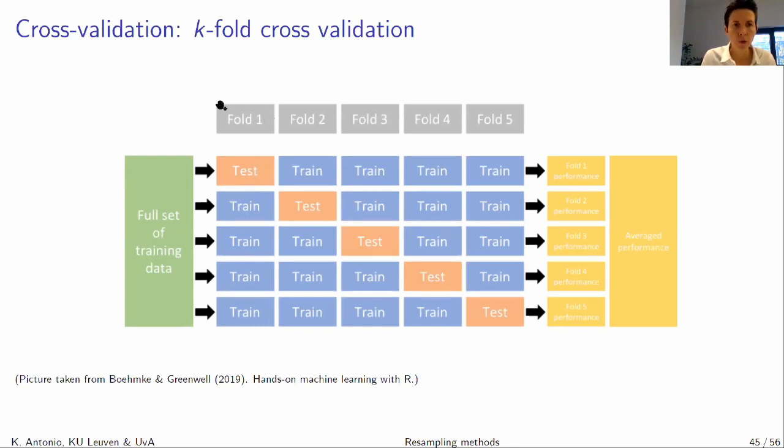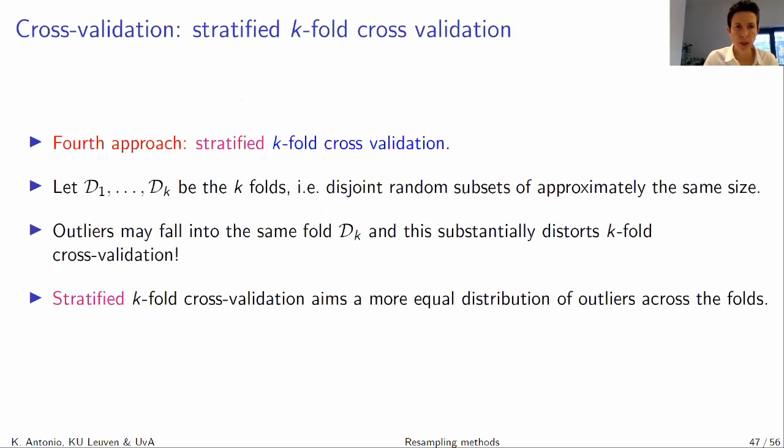So here, fold 1 refers to organizing the data like this, and these 5 blocks refer to the 5 subgroups that I made out of my original available training data. So sometimes it's a bit confusing what others really mean with the fold. Is it one of these blocks, or is it the way I put the blocks together? The term fold is used for both of them. Okay, I guess that's what I wanted to say.